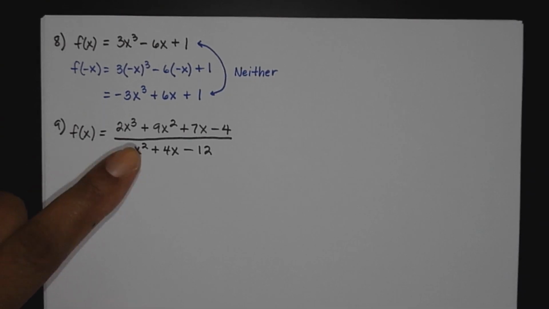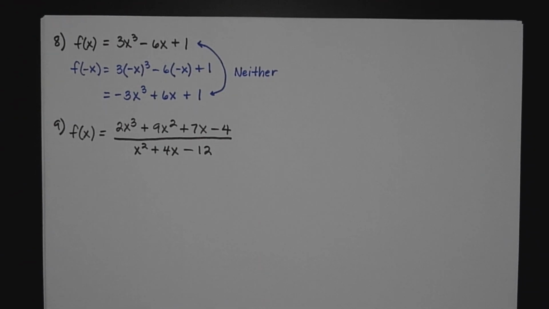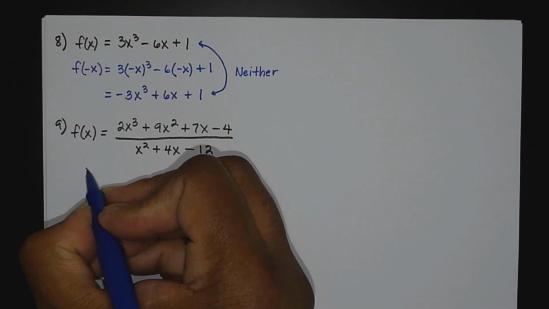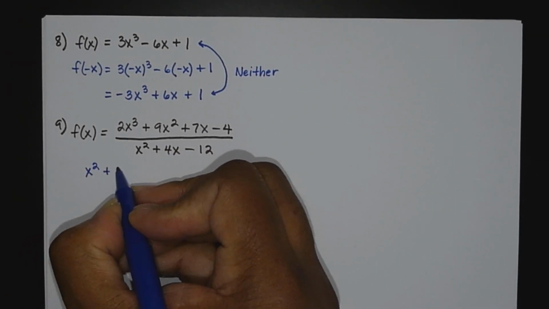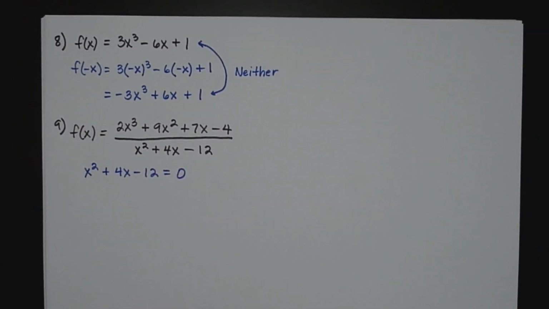Since it's a rational function, we take the denominator and set it equal to 0, because we want to find what values of x would give us a 0 in the denominator. So I'm going to take x squared plus 4x minus 12 and set that equal to 0.